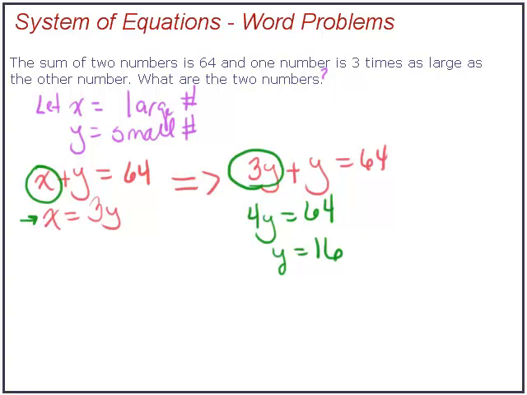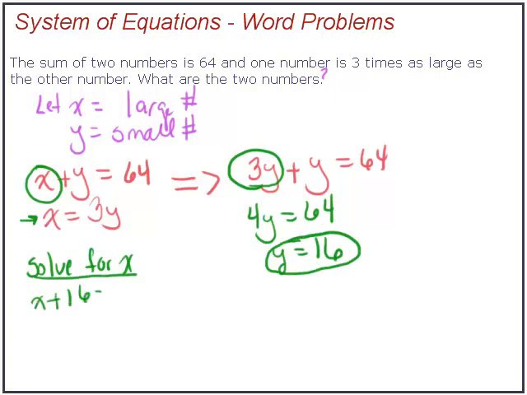So our large number, two ways of solving it, and they're both correct. I'm going to just use the first equation. So now we're going to solve for x. Let's circle this so we know that that's one of our answers. x plus 16 equals 64. Subtract 16 from both sides. We get 48.